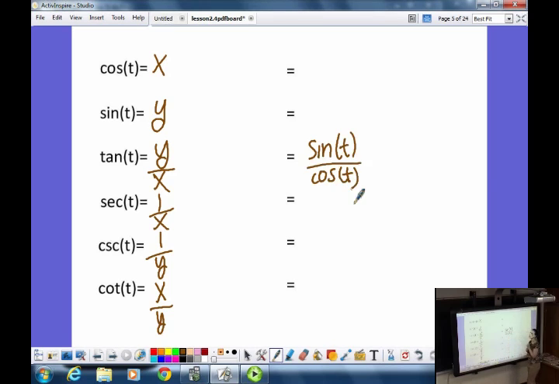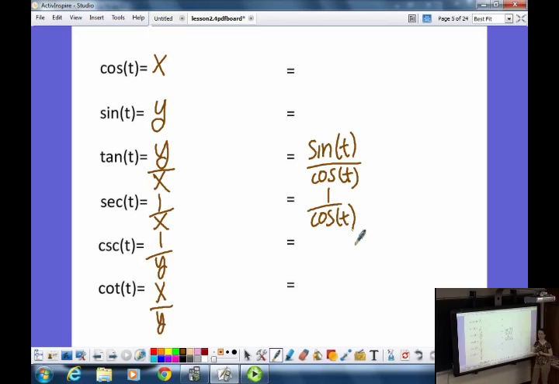What about secant of t? Replacing all the x's with cosines of t's and all the y's with sine of t's, what does secant of t become? 1 over cosine of t.